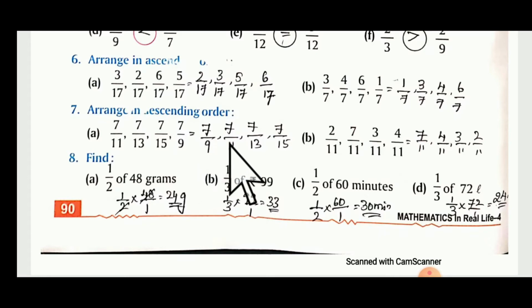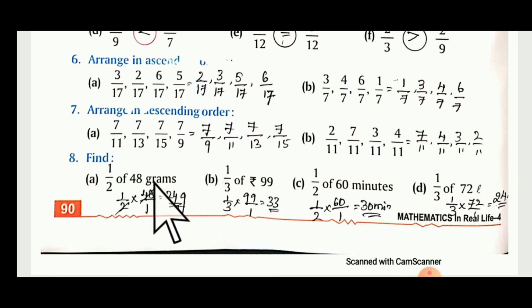Numerators are same. Then comes 11, 13 and 15. 2 by 11, 7 by 11, 3 by 11, 4 by 11. So the denominators are same. Now numerators you see arrange. Bigger one is 7, 4, 3 and 2.